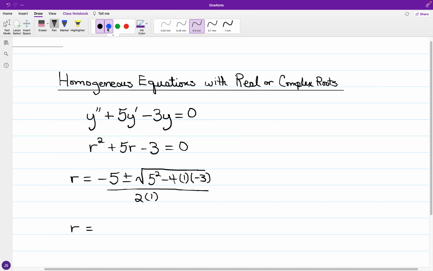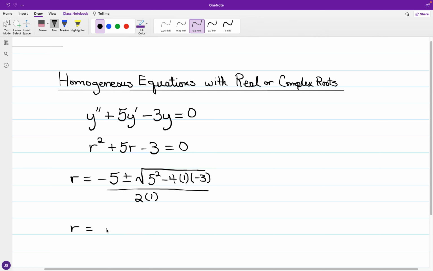If you notice, we have 5 squared minus 4 times 1 times negative 3. Negative 4 times 1 is negative 4, times negative 3 is a positive 12. 5 squared is 25, so we have 25 plus 12, which will be 37.